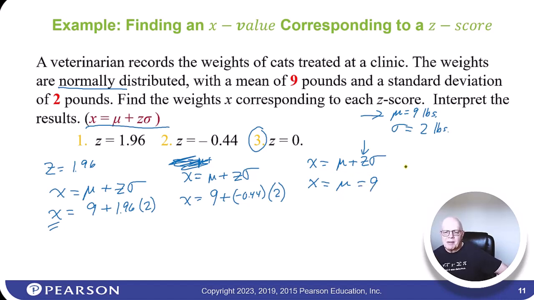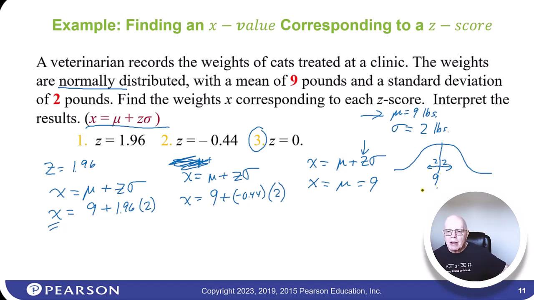Isn't that interesting? Well, if we draw a picture for this, remember, drawing a picture is really handy. For our normally distributed weights, we've got 9 in the center, and the standard deviation is 2 both ways.